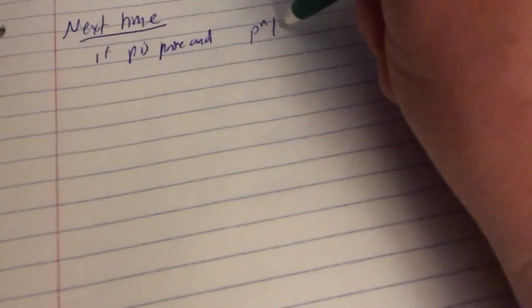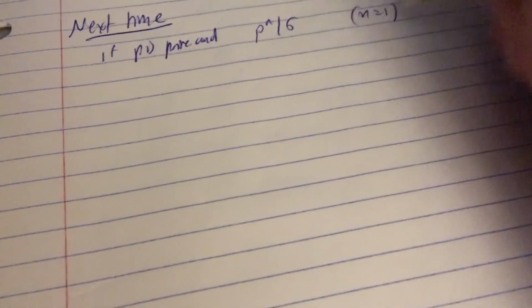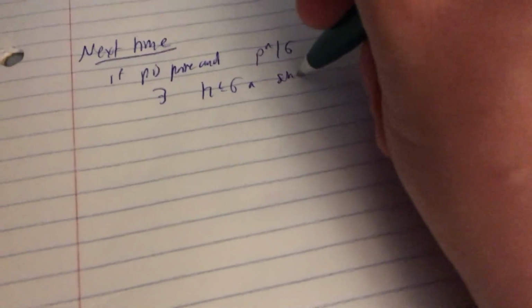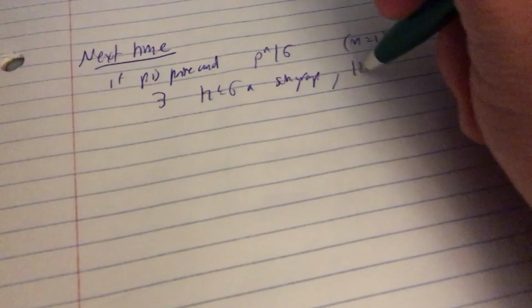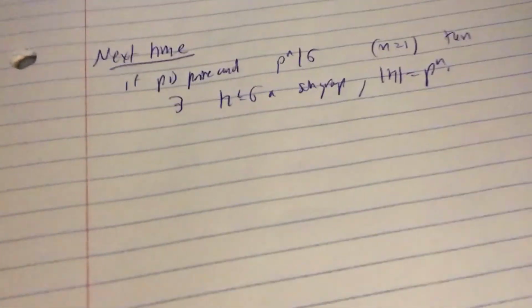If P is prime and P to the n divides the order of G, here n greater than or equal to 1, then there exists H inside G, a subgroup, the order of H is exactly P to the n.